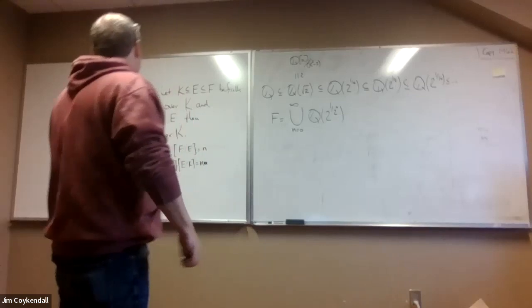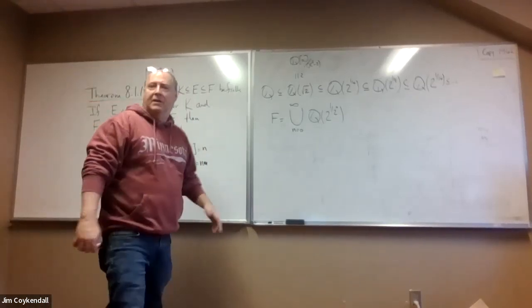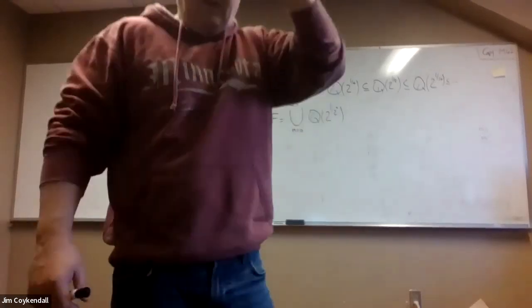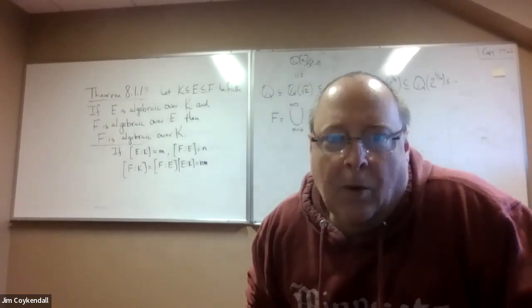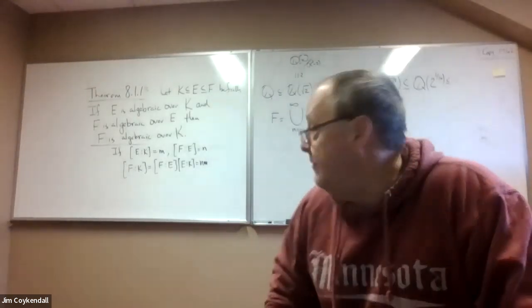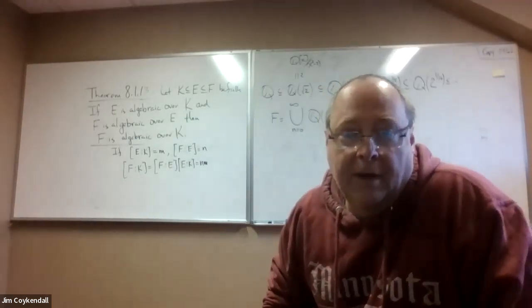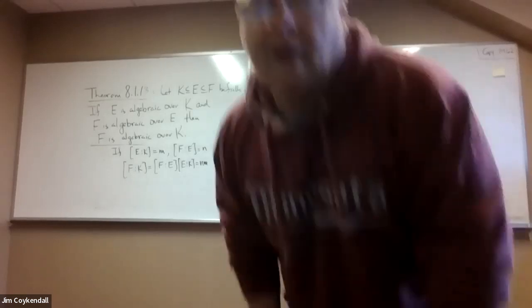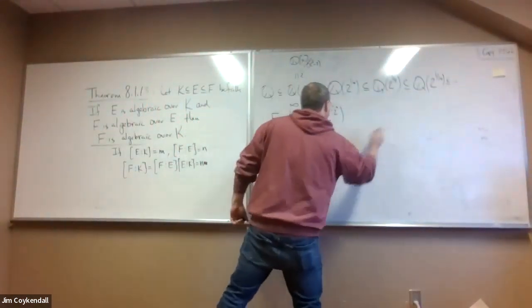So this shows that you can't just do this triviality here. So let's actually go through the proof that algebraic is transitive. What we want to do is take some element U in F and show that it's algebraic over the base field K. Proof.